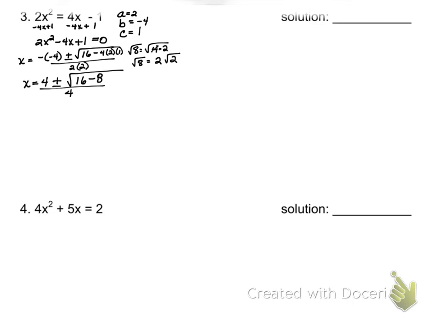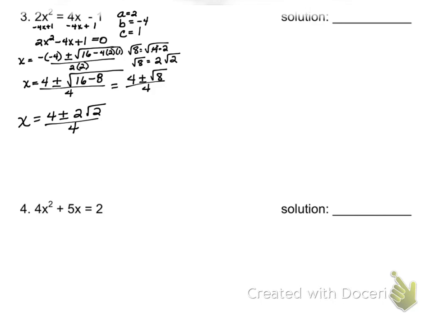So this numerator then is going to simplify. We have 4 plus or minus the square root of 8 over 4. Then you have 4 plus or minus 2 times the square root of 2 divided by 4.